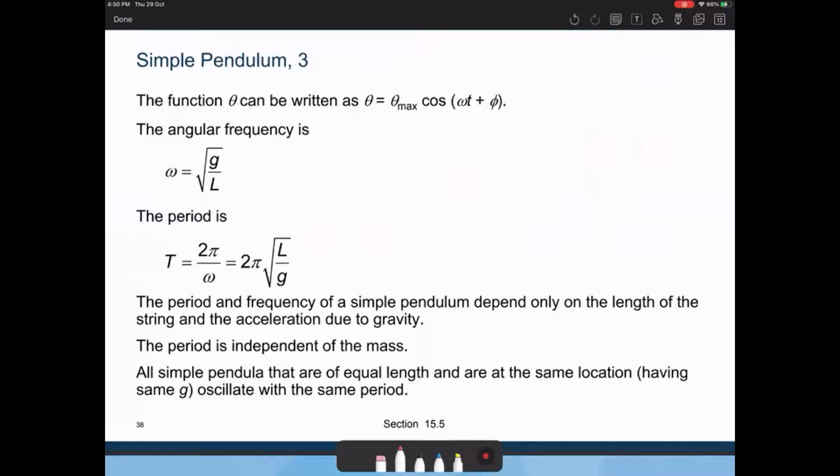But at the same location on the Earth, g should be constant. So only the length of the string matters. Okay, so that is the application of simple harmonic motion, as in the case of the simple pendulum. We derived by ourselves that the motion is simple harmonic, and the period of the oscillation is determined accordingly.